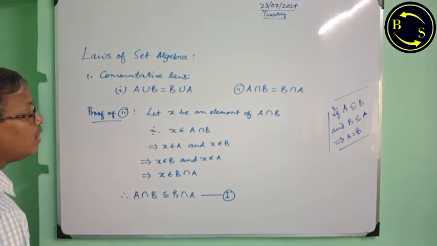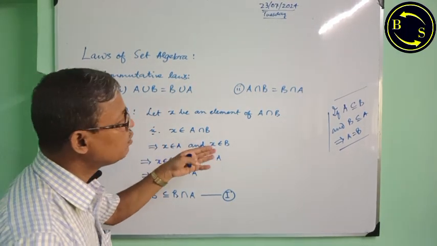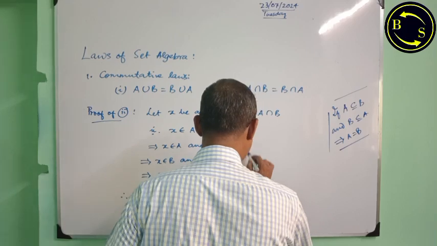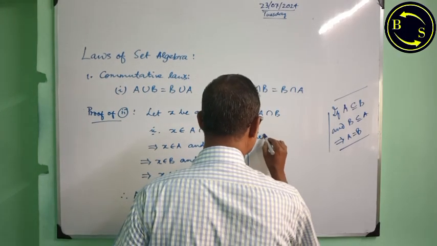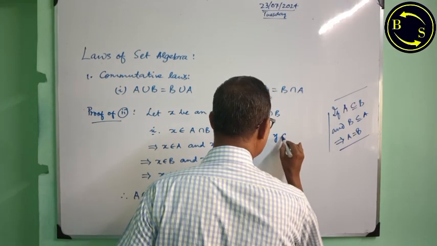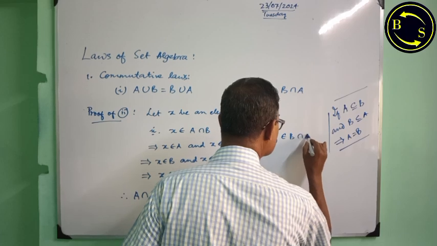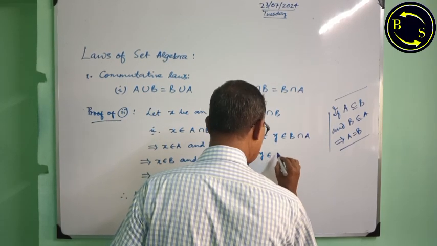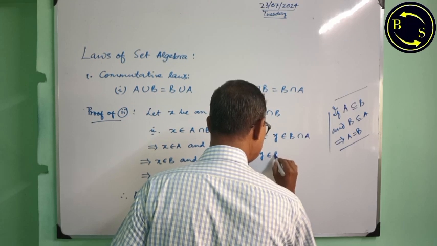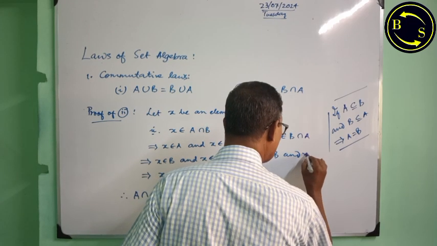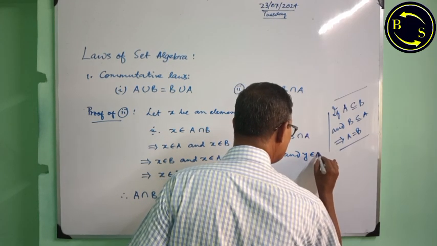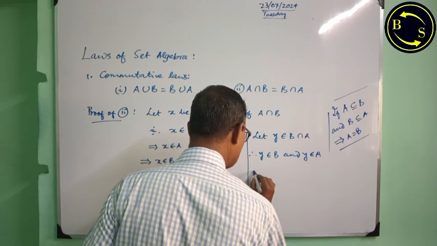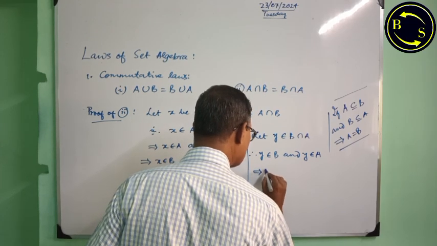Now, let us take another element, let Y belongs to B intersection A. Therefore, Y belongs to B and Y belongs to A. Now, this can be written in this form also.